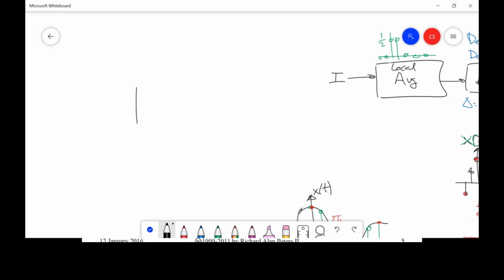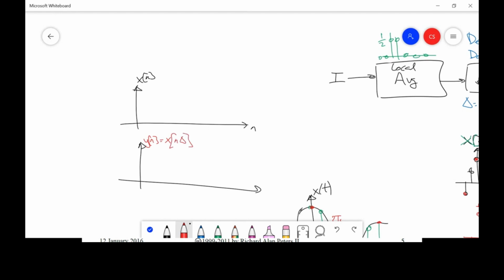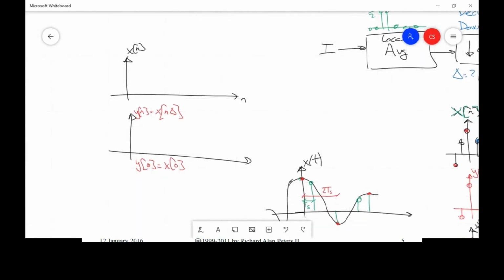So this is x of n. I will not draw it now. It is somewhere there. And we want to produce y of n. And the relationship is x of n delta. So what is y of 0? y of 0 is x of 0. What is y of 1? y of 1 is x of delta.